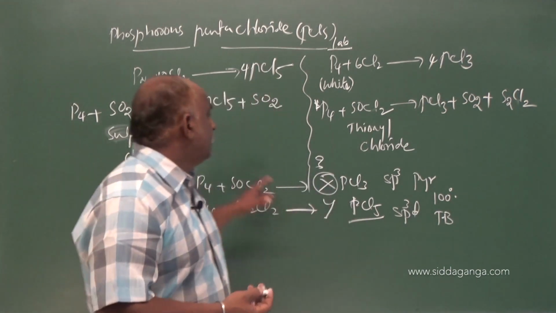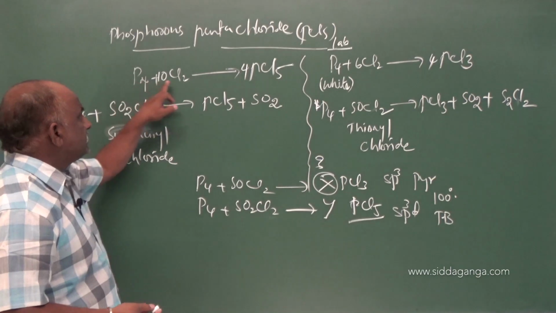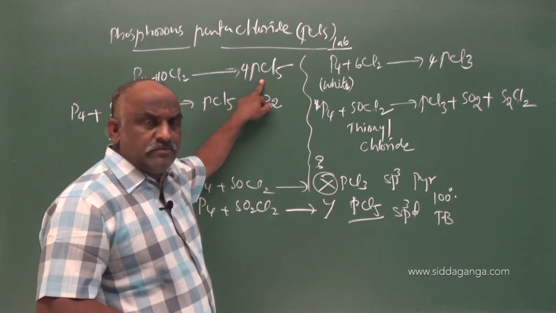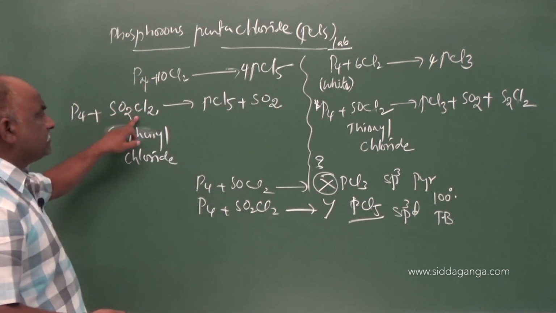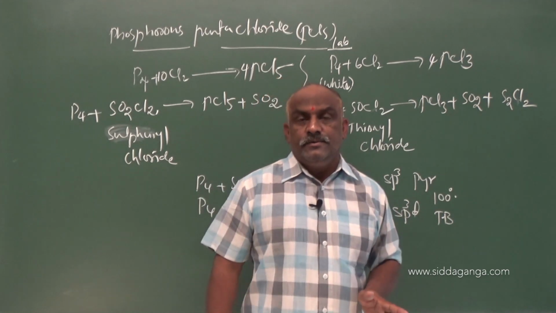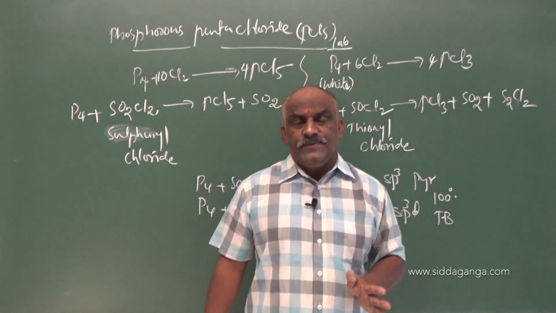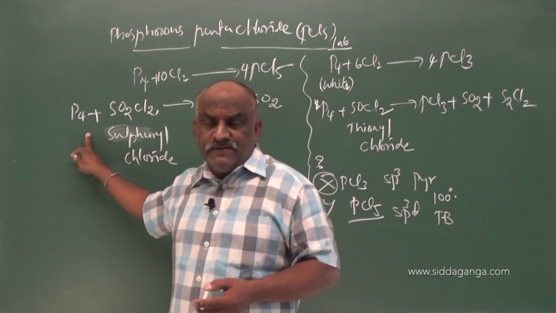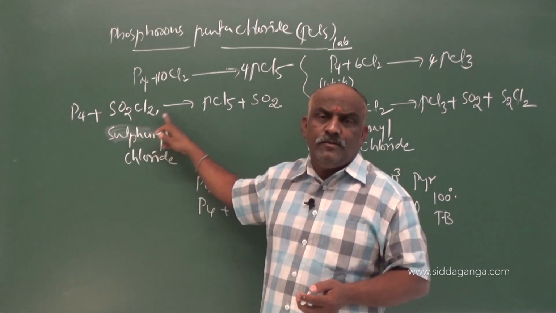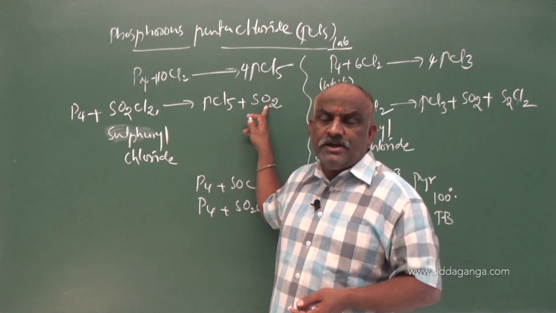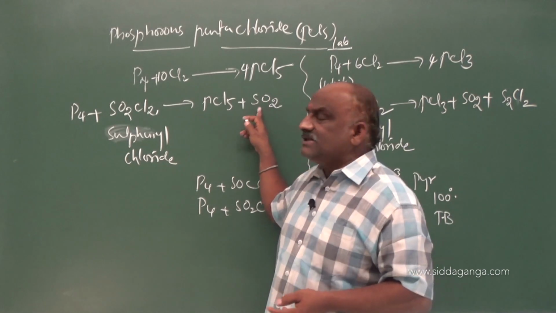So these are the general preparations: P4 plus 10 Cl2 gives rise to 4 PCl5, and P4 plus SO2Cl2. SO2Cl2 is called sulfuryl chloride. When phosphorus is treated with sulfuryl chloride, the answer is phosphorus pentachloride, with liberation of sulfur dioxide gas.